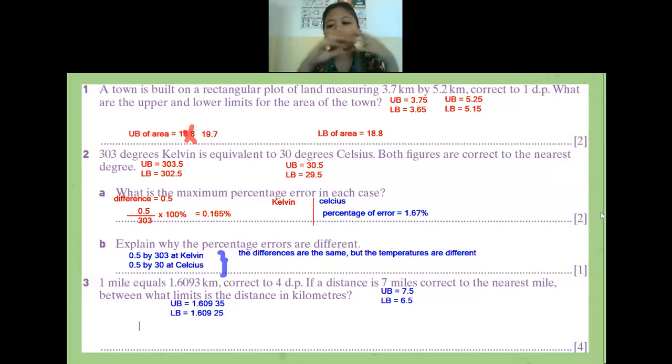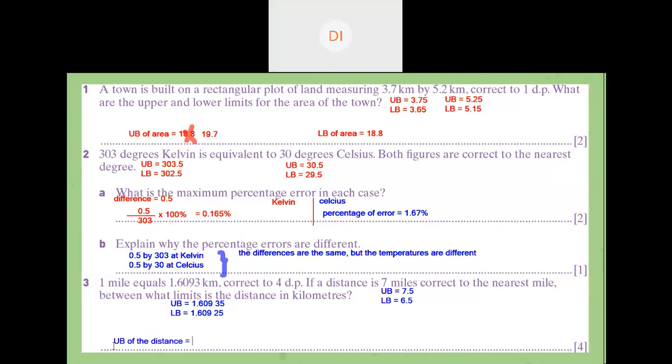How do we find the distance? Do we have to do multiplication, addition, division or subtraction? Multiplication. Okay, so what is the upper bound of the multiplication? 1.60935 times 7.5.